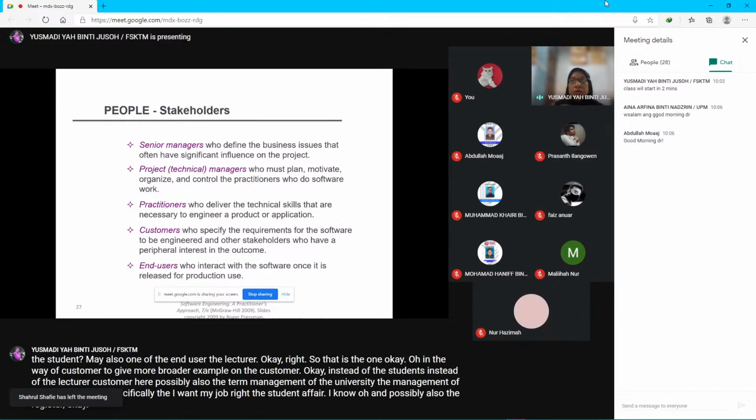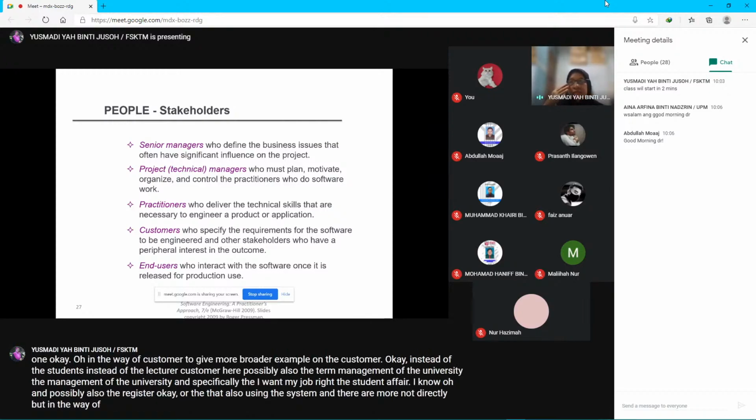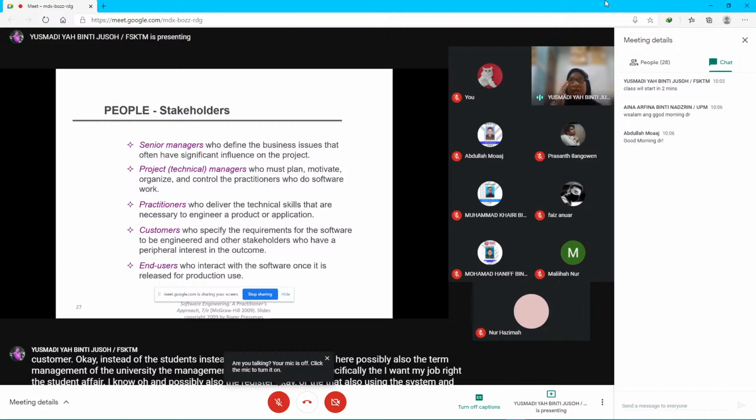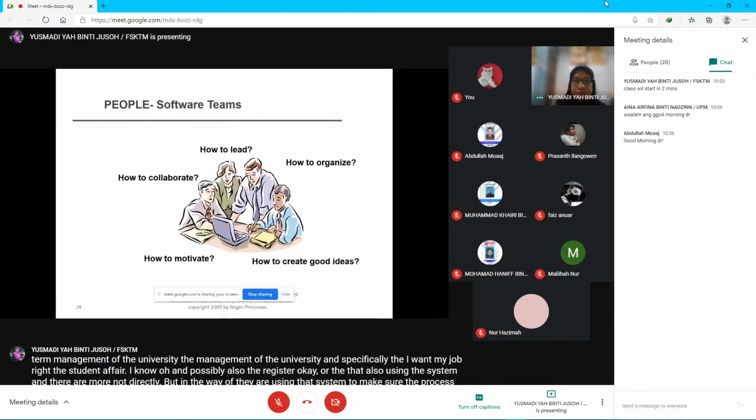They are not using it directly, but they use that system to make sure the process of student registration and everything is as planned, as expected on the SMP. So that is the people in terms of who are the stakeholders.